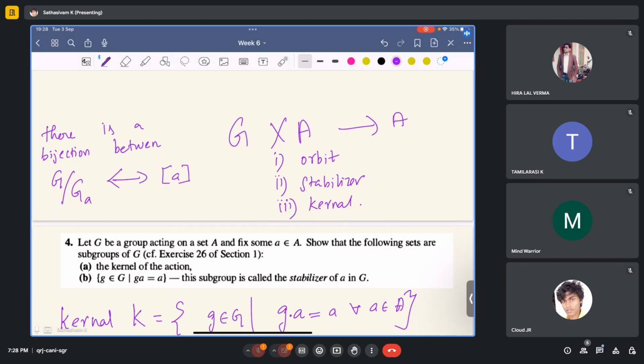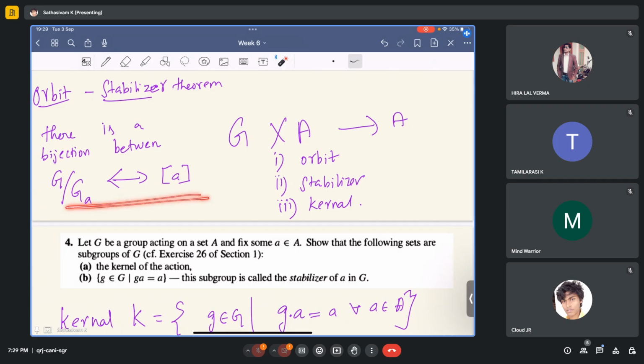The proof is not hard. Maybe not very easy also, but from here you can easily prove it. It's as short as the Lagrange theorem. If you look at the Lagrange theorem, the proof is short, right? This is kind of the same.